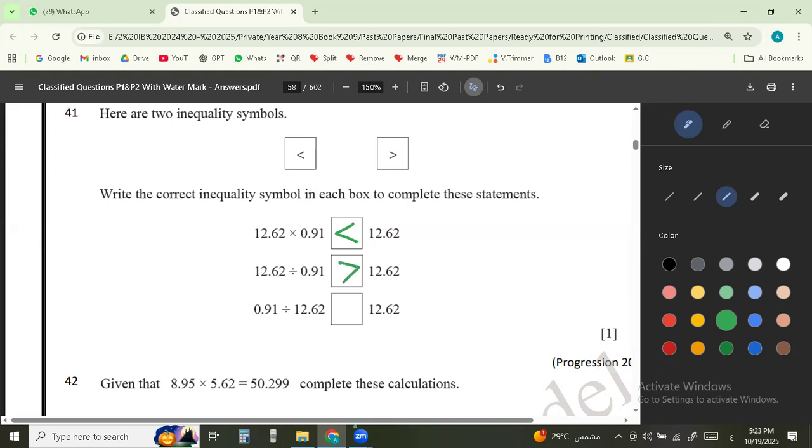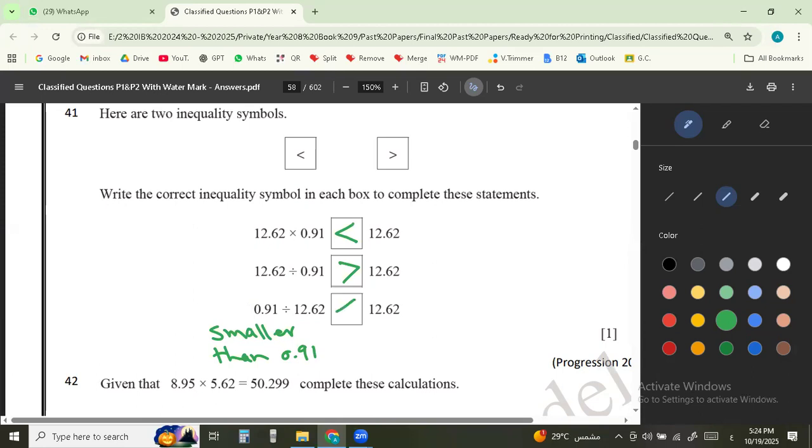Here, 0.91, if I want to divide it by 12.62, what is it going to be? Well, I'm dividing by a number bigger than 1. Yes, Mister, that definitely is going to be smaller than 0.91. Definitely, Mister, the answer is smaller than 0.91 itself.